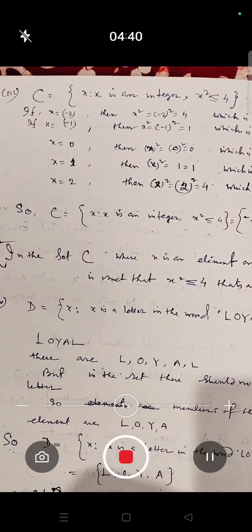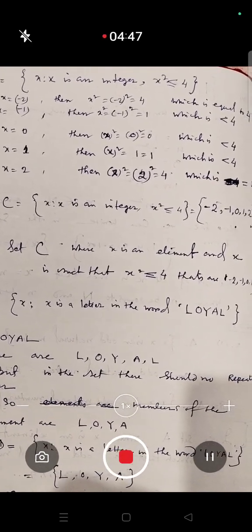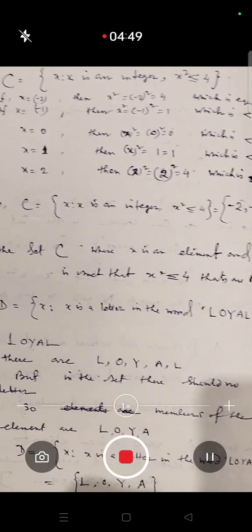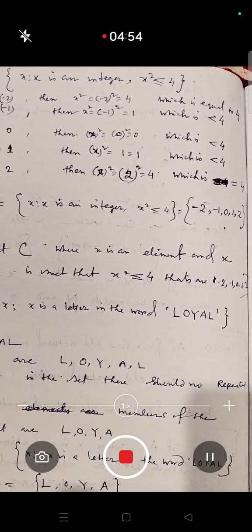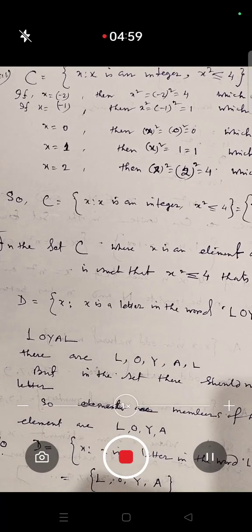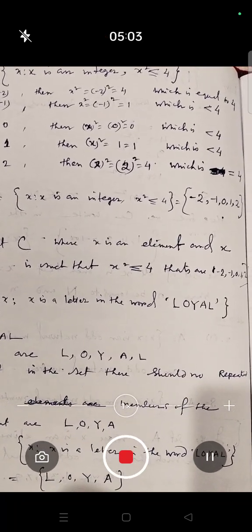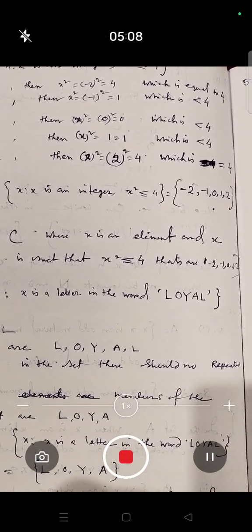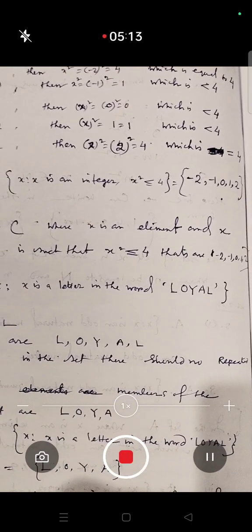Now x is equal to minus 1, then x square is 1, which is less than 4. X is equal to 0, then x square is 0, which is less than 4. X is equal to 1, then x square is 1, which is less than 4. And x is equal to 2, x square is 2 square, which is equal to 4.